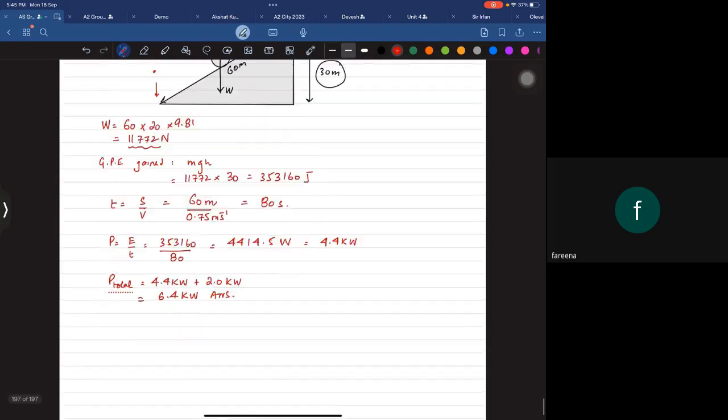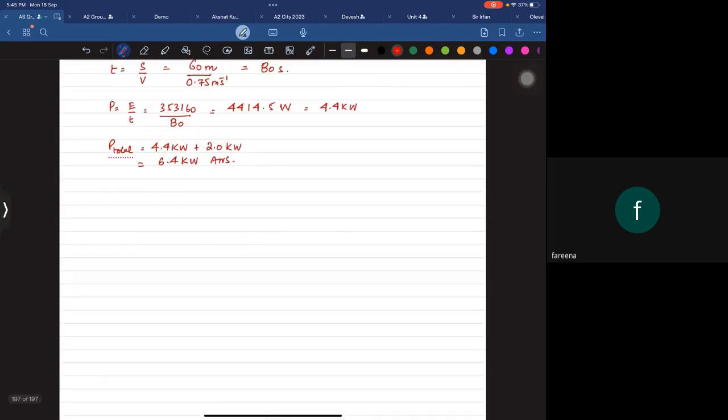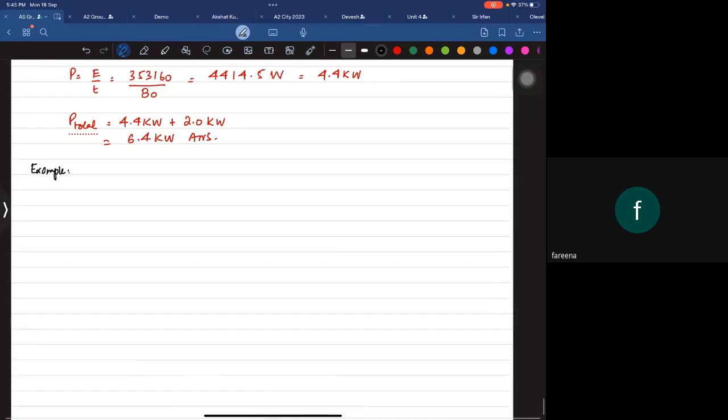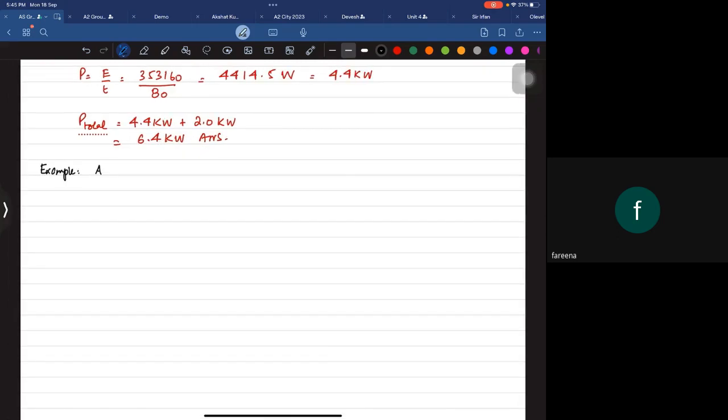Now let's move to the next, all right? The next question seems simpler, but I don't think it's simpler. So let's have a look, and we'll learn a way to tackle these questions as well. Example. In this question, it says a wind turbine has blades that sweep an area of 2,000 meters square.